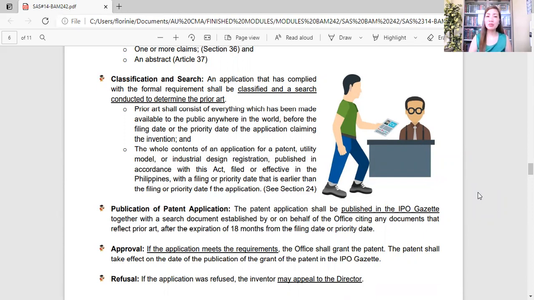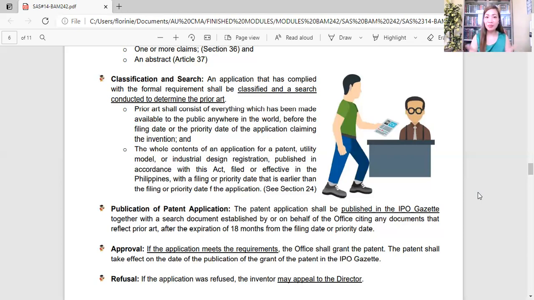Syempre titignan mo ng mabuti. Baka naman may nag-i-exist na prior art, meaning may nag-exist na ganyan sa iba't ibang bahagi ng mundo o maging dito, di ba? Na kahalintulad ng ginawa mo, hindi natin kasi pwedeng i-patent yan under sa'yo kung may nag-e-exist na ganyan na nauna sa'yo. That's why there is this classification and search.